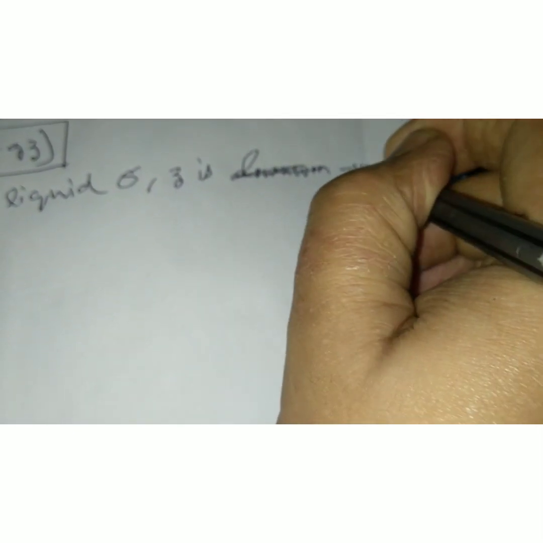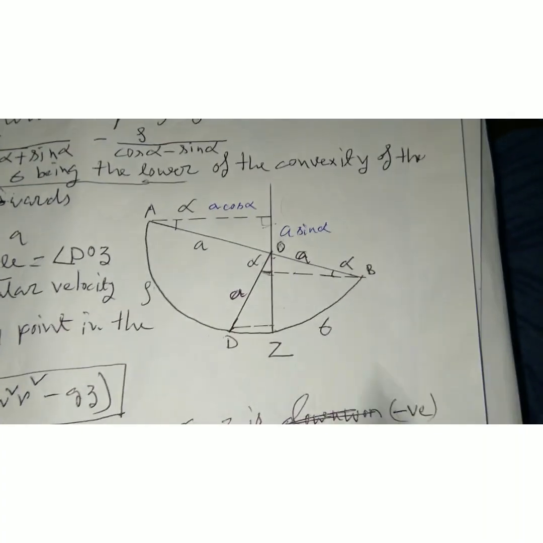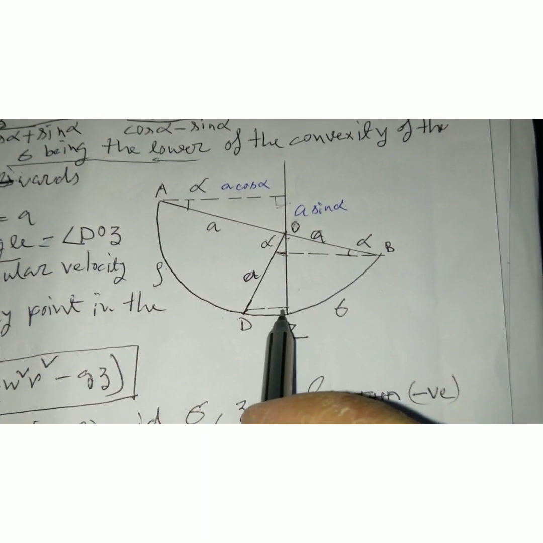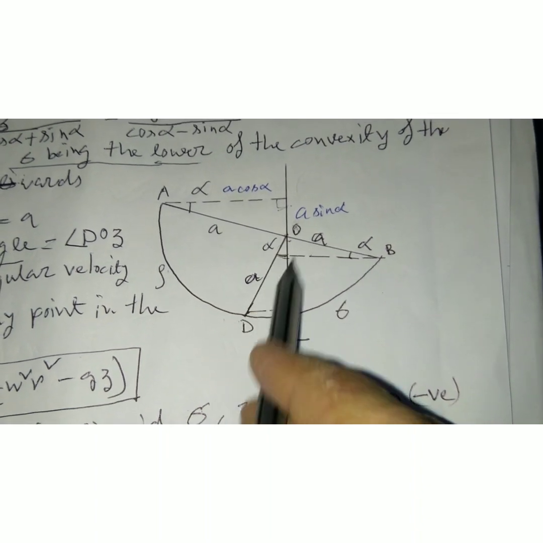Sorry, z is negative, because we know that our origin is O, and according to the axis, z is negative because z is downward.